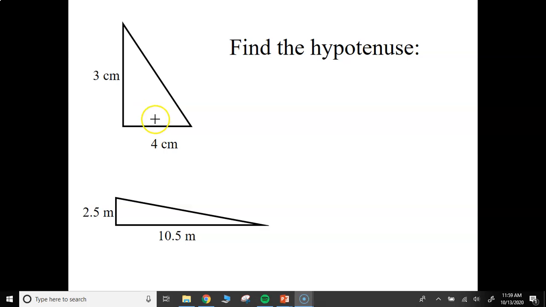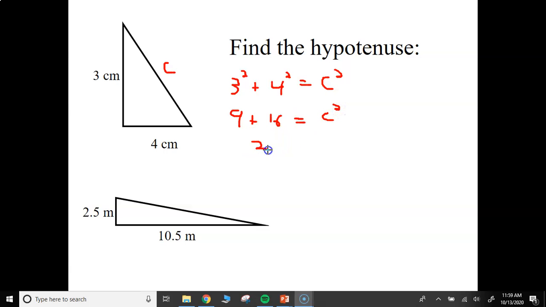So let's work in a quick example here. We want to figure out the hypotenuse, which we'll call C, or we call it R for resultant or whatever. So what we get is 3 squared plus 4 squared equals C squared. Okay, so that gives me 9 plus 16 equals C squared.